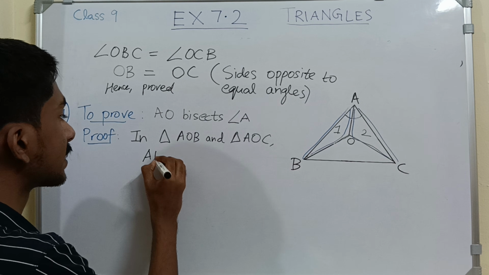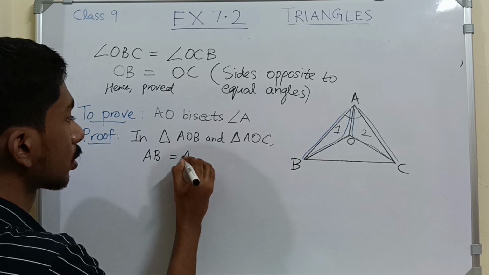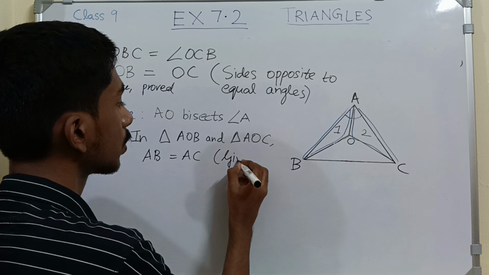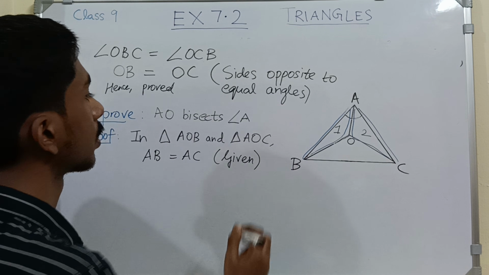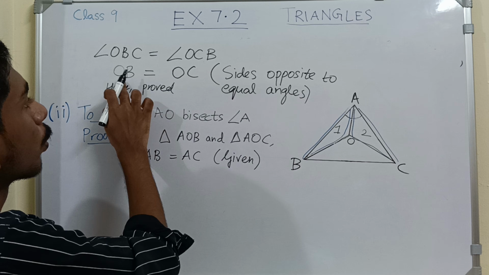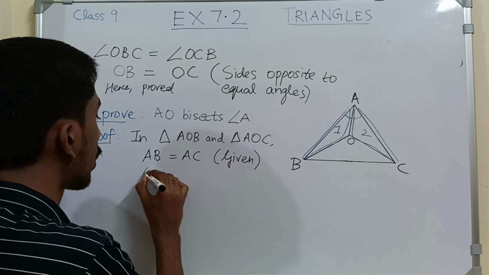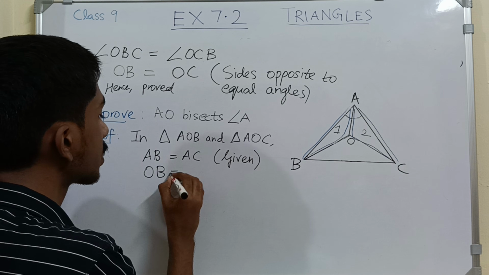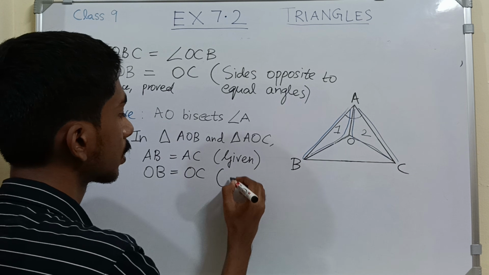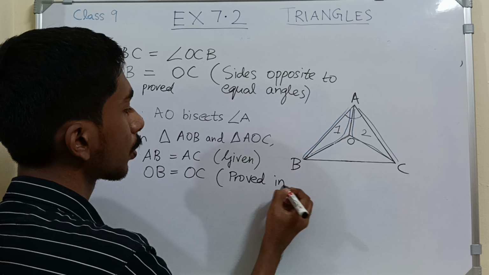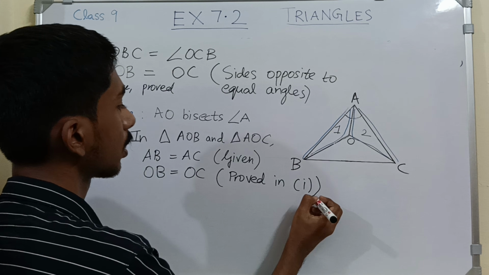AB is equal to AC. This was given. So we will write given. And OB is equal to OC. We have proved in the previous subdivision, subdivision 1. OB is equal to OC, proved in subdivision 1.